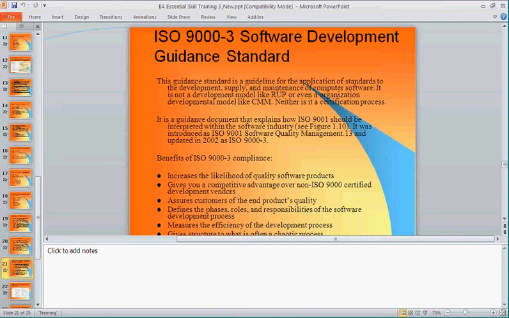Okay. Now this one, ISO, even though we say ISO certified, it is not a certification process.